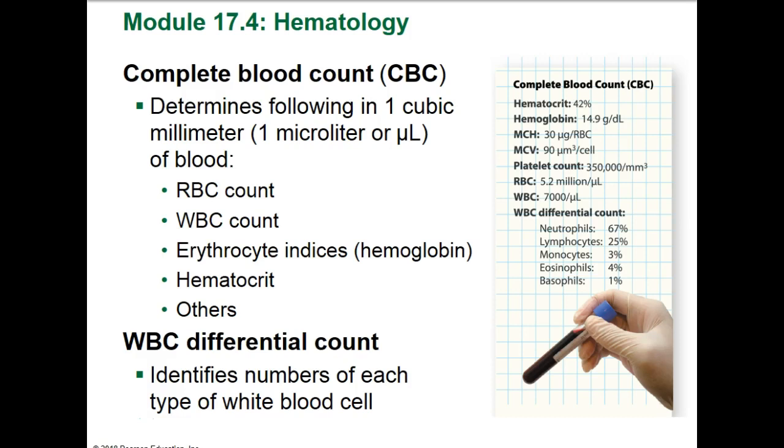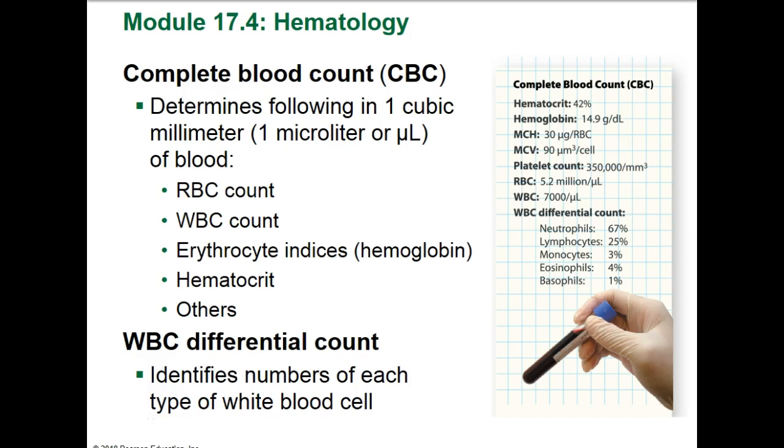A complete blood count, or CBC, looks for all of these different readings within a cubic millimeter or microliter of blood. So we look for red blood cell count, white blood cell, erythrocyte indices like hemoglobin, the hematocrit, and other types of readings.